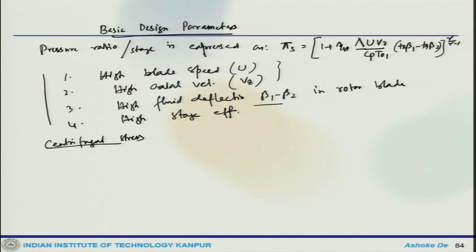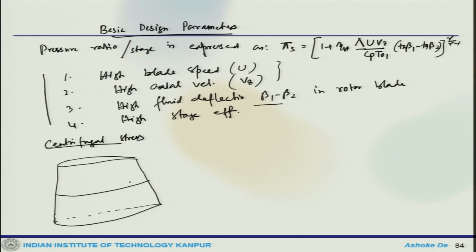Let us say we have a rotor blade like this, and this is the plan form area, this is hub, this is tip.